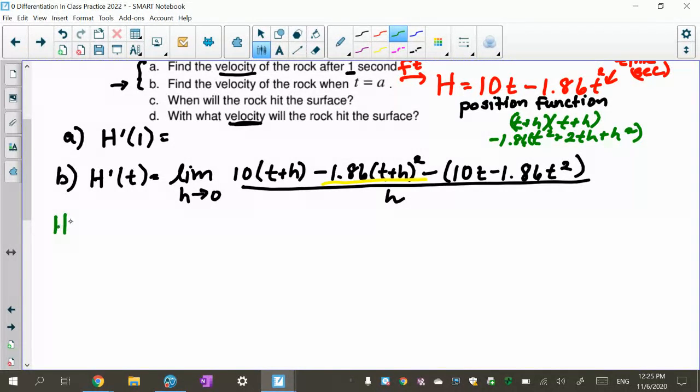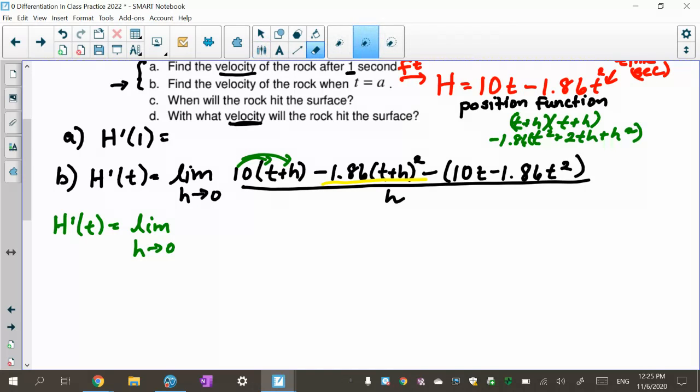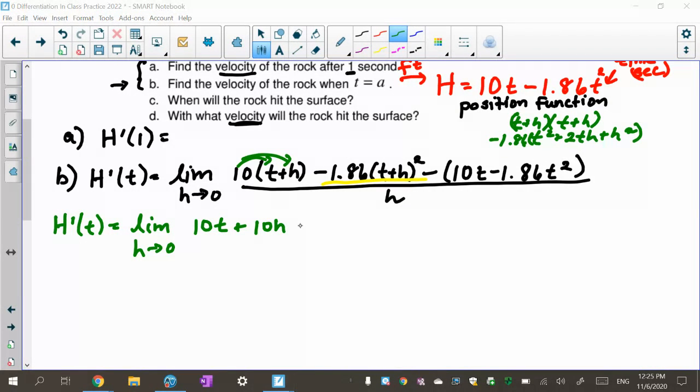So I have h prime of t is the limit when h approaches 0. And I'm going to do the distributive property here. So I have 10t plus 10h. And then I multiplied all of this out like that. So it comes out to be this. You're going to have to trust me.